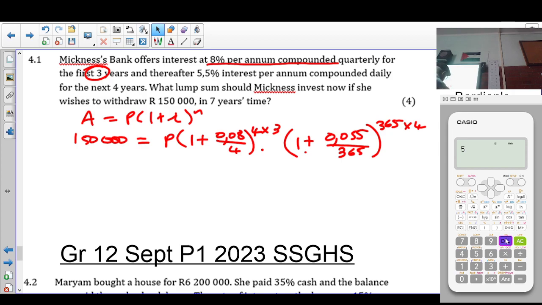This is 150,000 over open brackets 1 plus 0,08 over 4 to the exponent 4 times 3, multiplied by 1 plus 0,055 over 365 to the exponent 365 times 4, I think it was.